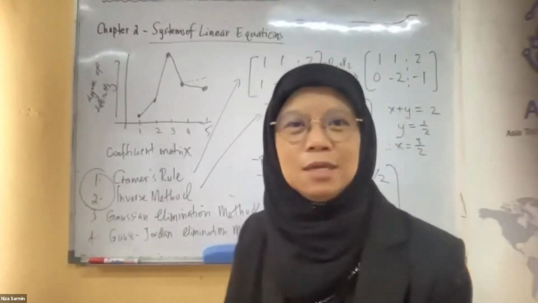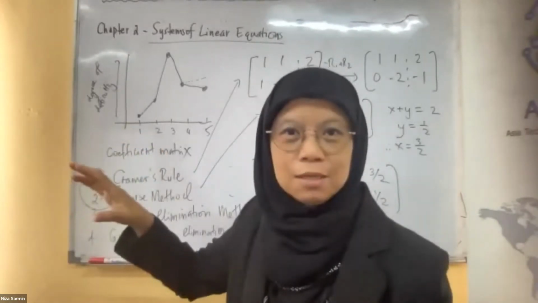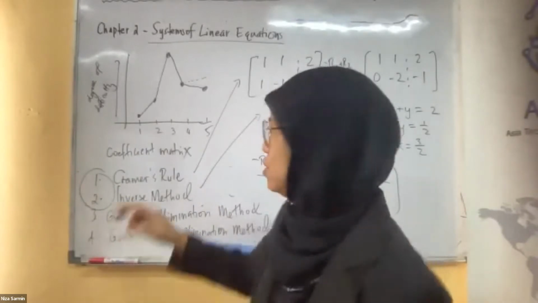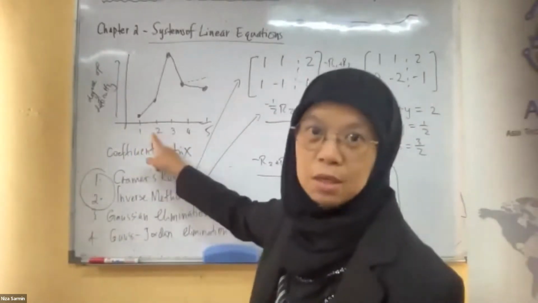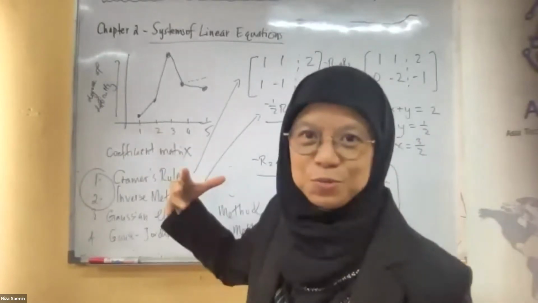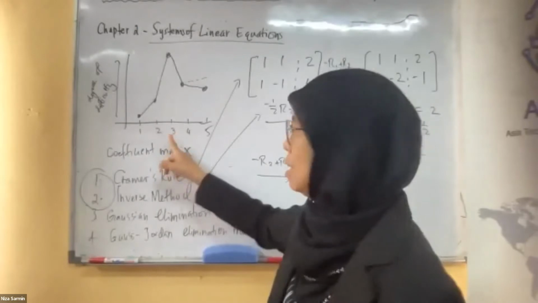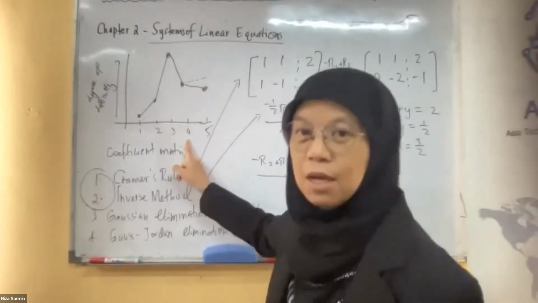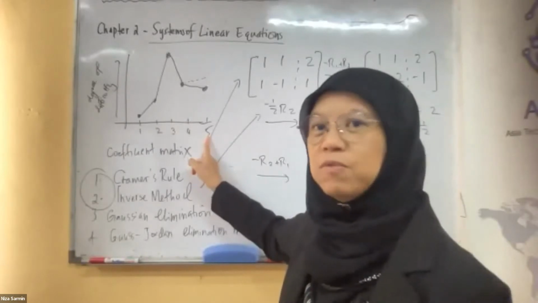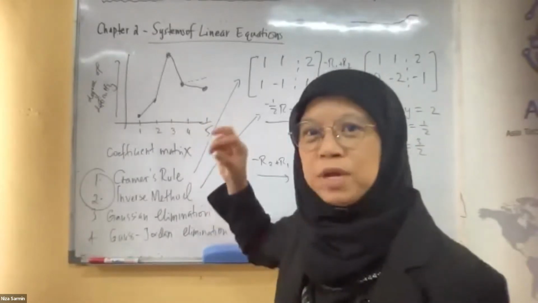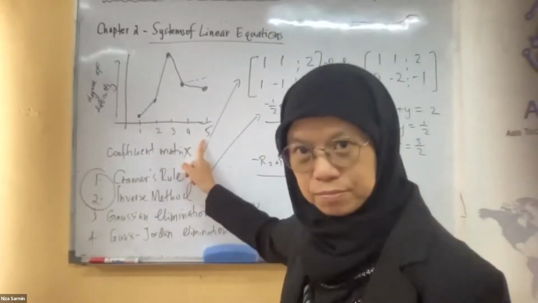I cannot say chapter 1 question, no, because chapter 1 matrix, you will use it in chapter 2 because AX equals B, right? In chapter 3, later on in vectors, in linear transformation, and also lots of matrices, but square matrix in chapter 5. So the operation of matrix is from the beginning until the end.